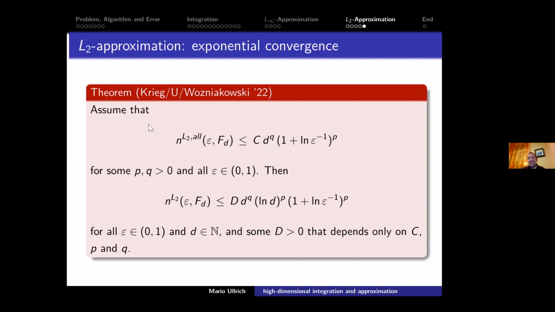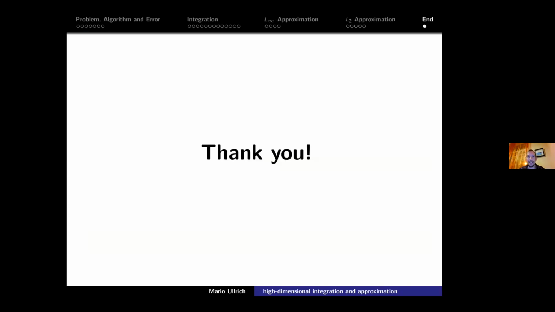Often they just have settings where they have a very good decay, a very good order of convergence when they are allowed to have arbitrary information. And they just ask, what can we do in a practical sense? So what can we do with linear algorithms based on function evaluations? And this is the result we have here. And I think I had, anyhow, too many results and too many open problems. So thank you all for your attention.